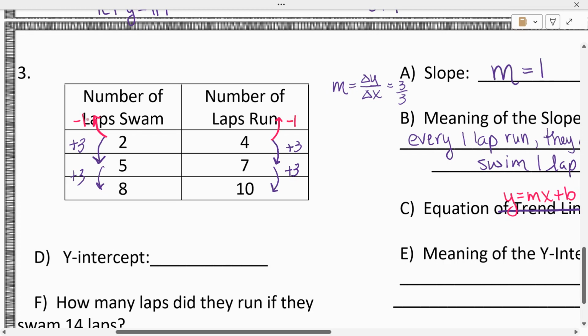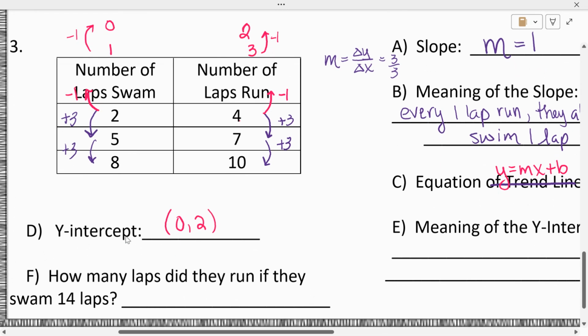And let's see, 2 minus 1 is 1. 4 minus 1 is 3. But I have to do the same thing again. Subtract 1. That would give me the 0 that I'm looking for. Subtract 1. And that would give me the number 2. So my y-intercept is the ordered pair 0, 2.